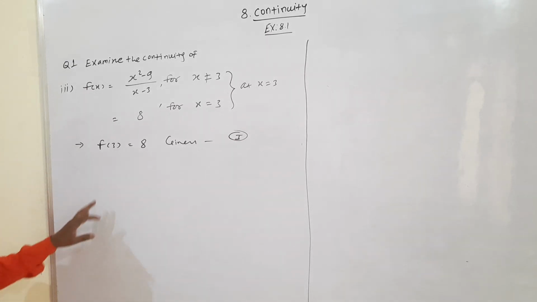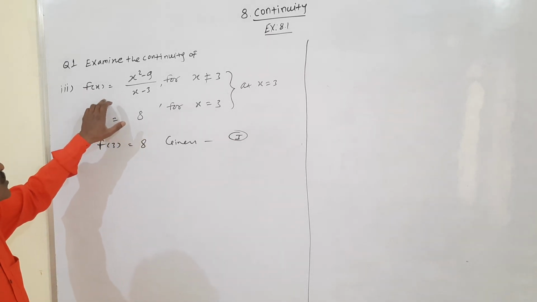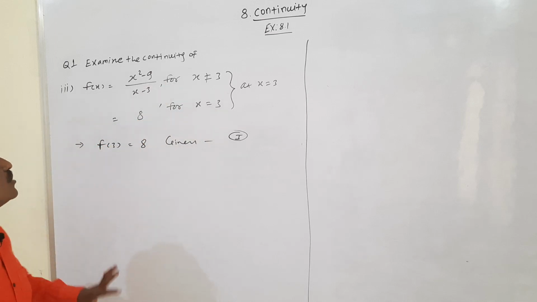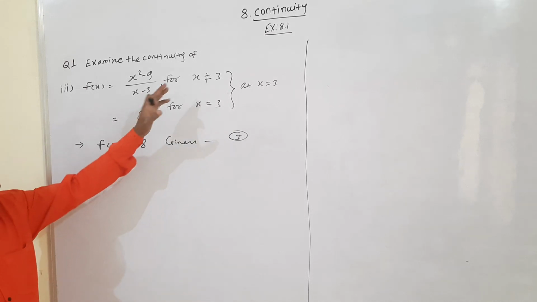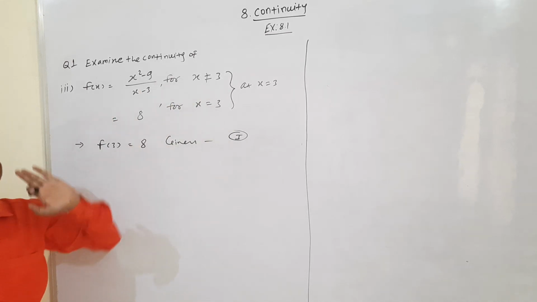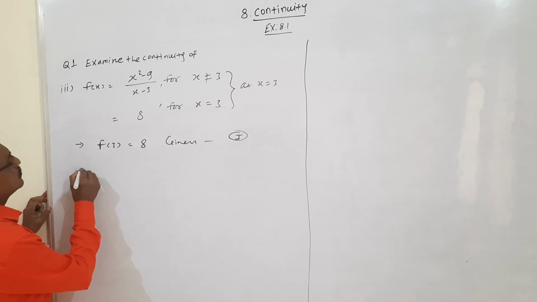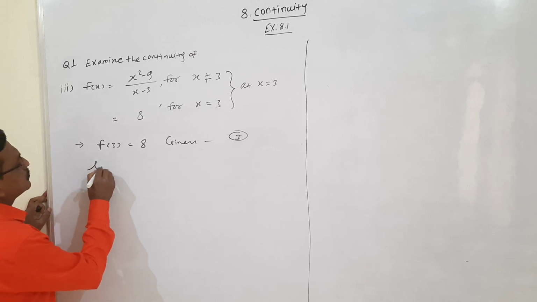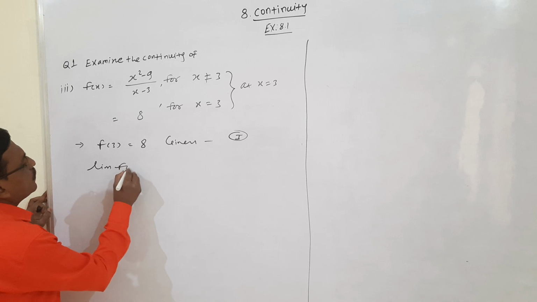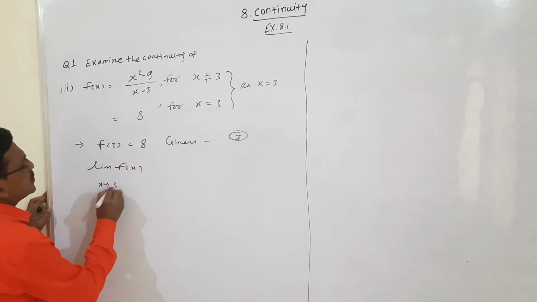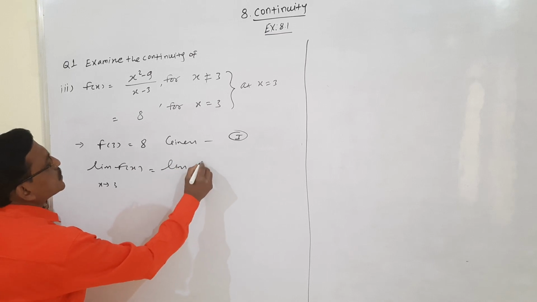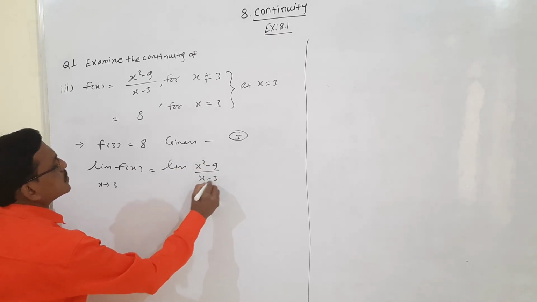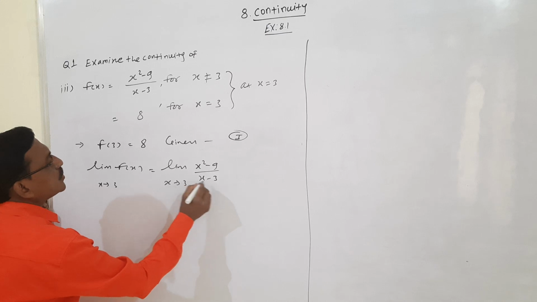Now we have to apply the limit to this function on both sides, as x tends to 3. The limit of the function as x tends to 3 is equal to the limit of x square minus 9 divided by x minus 3 as x tends to 3.